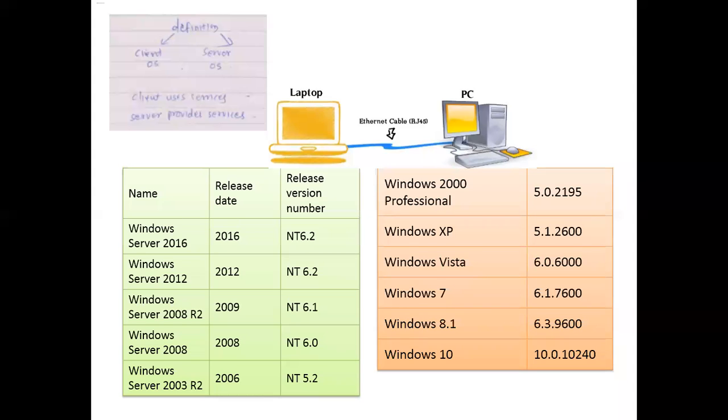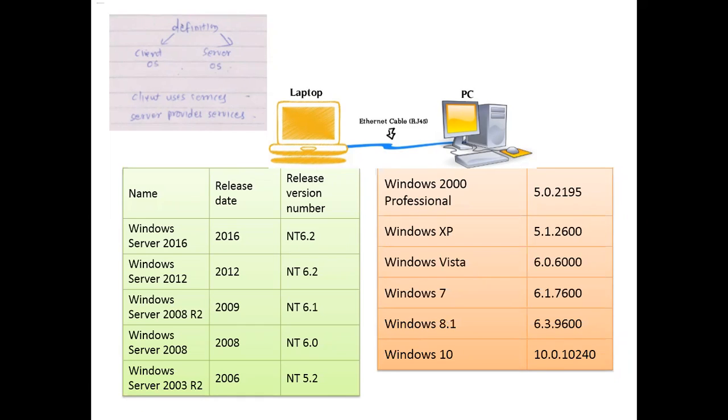Just now I told you about the web server, proxy server, FTP server, telnet server. These different servers are built into the server operating system, whereas these servers are not available in Windows 7, Windows 8.1, Windows 10. That's why the license cost of these Windows client OS is less compared to the server OS, because in a server operating system these servers are built in.